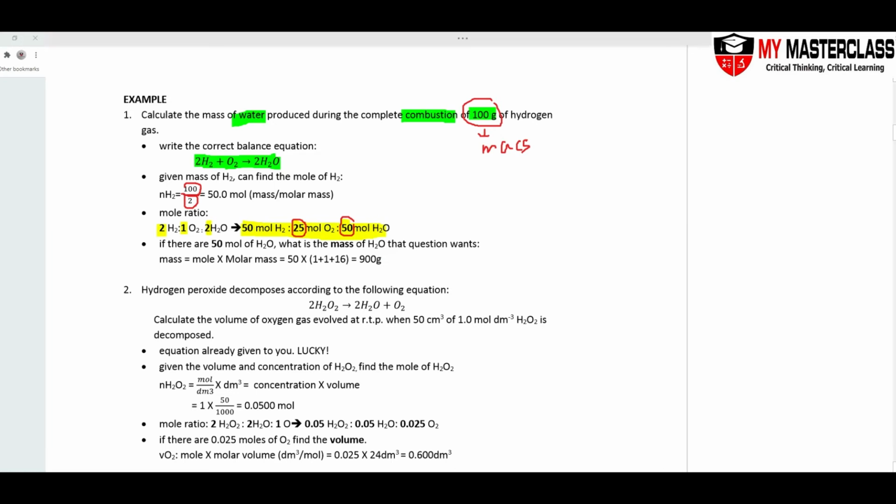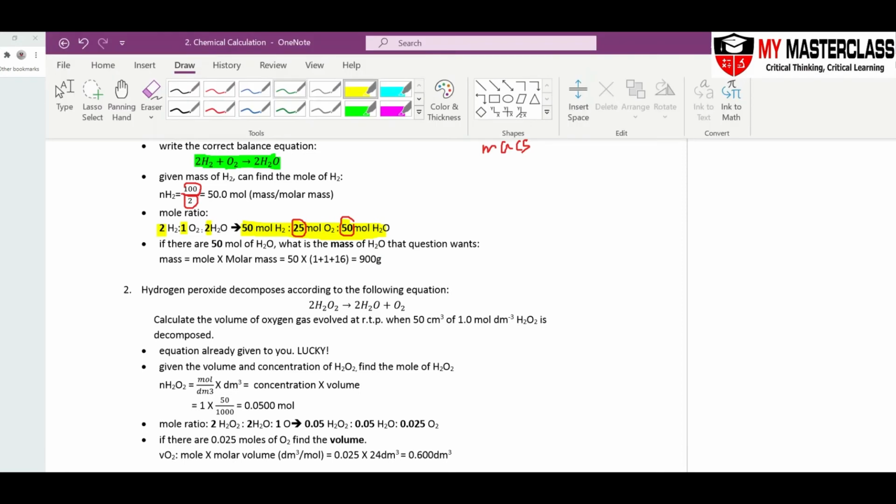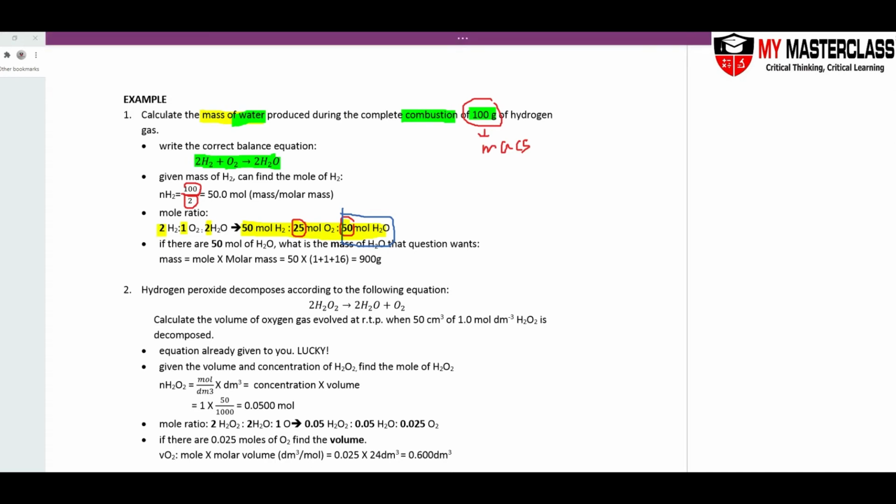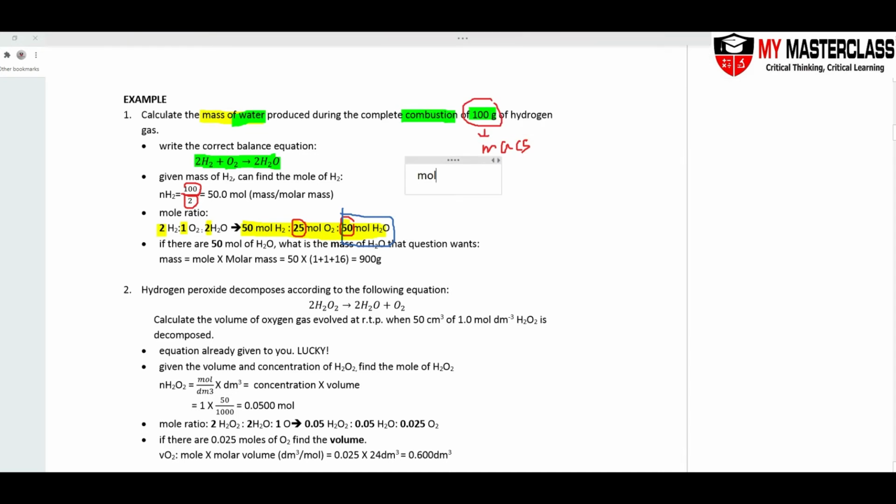The question is asking what's the mass of water. So if I have 50 moles of water that is being formed, what is the mass? Same thing, use your equation, mole equals mass over molar mass. You found that there is 50 moles, and I have to find the mass. The molar mass of water is 1 plus 1 plus 16, because H2O.